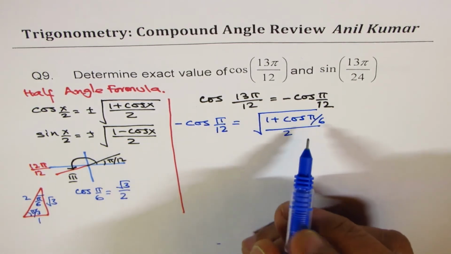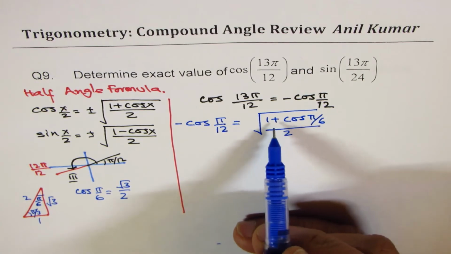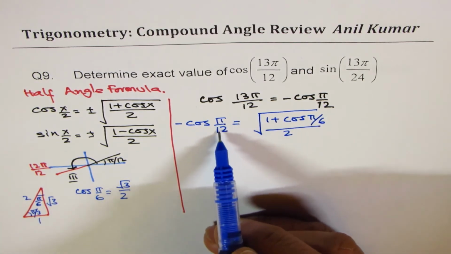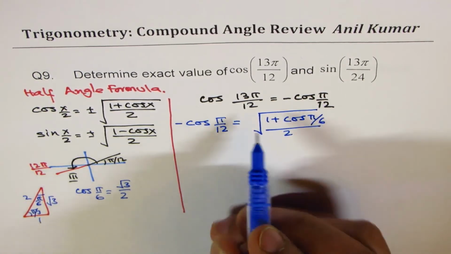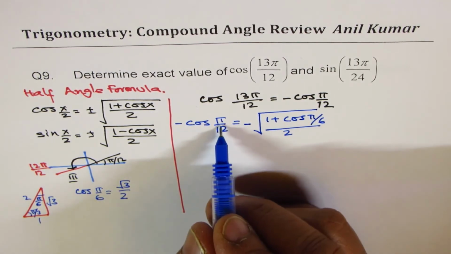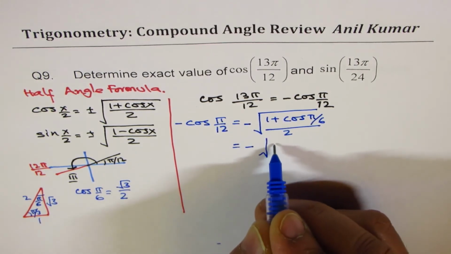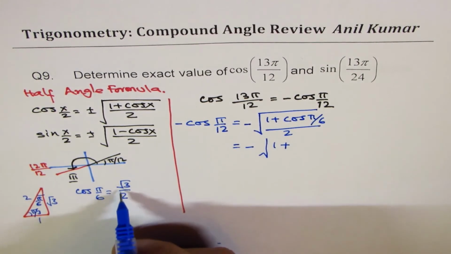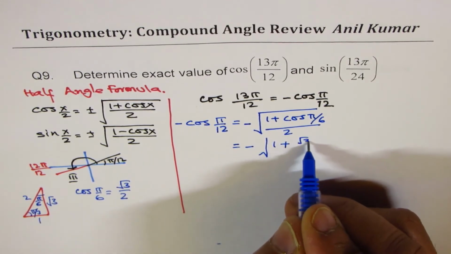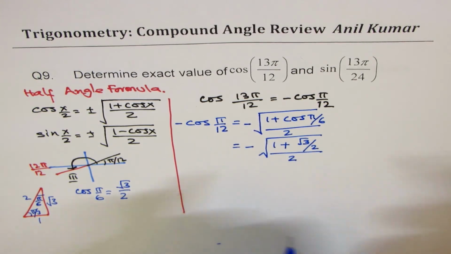Now since we are working in pi by 6, pi by 12 is basically, now this minus we are keeping, but that part is positive. Is that clear to you? Right, that's the acute angle. So we get minus square root of 1 plus cos pi by 6, which is square root 3 over 2, and then we have 2 in the denominator.